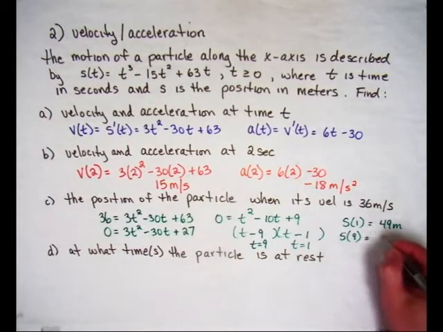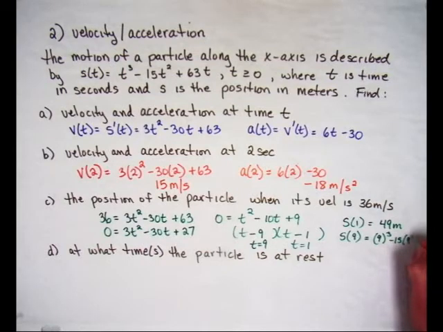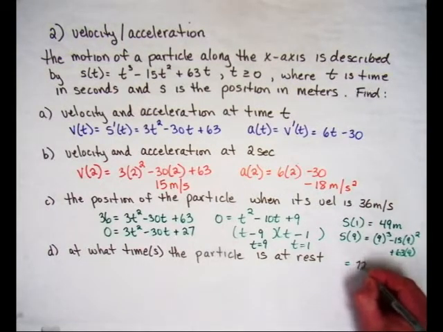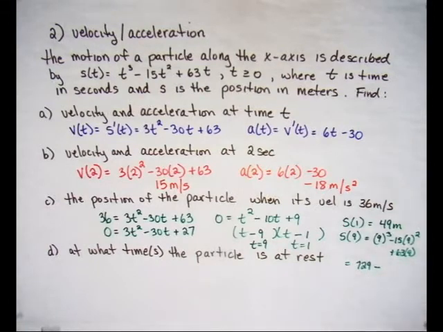We're going to have to plug that in and we're going to get 9 cubed minus 15 times 9 squared plus 63 times 9. Now, unfortunately, I didn't do this calculation in advance. So 9 cubed is 729 minus 15 times 9 squared, which would be 1215, plus 63 times 9, which would be 567.